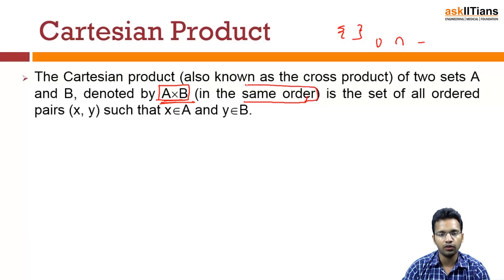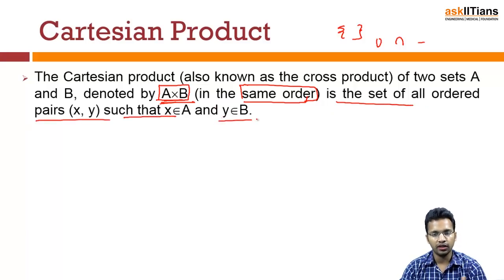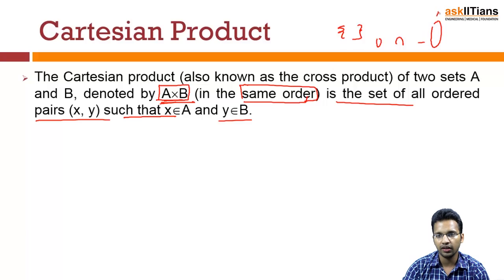I'll talk about the order later on. Let's first figure it out. It is the set of all ordered pairs (x, y) such that x belongs to A and y belongs to B. Now what does this mean? Suppose there's a set A and a set B. The product of two sets is defined as an ordered pair (x, y) such that one element you take from here, the other one you take from there.